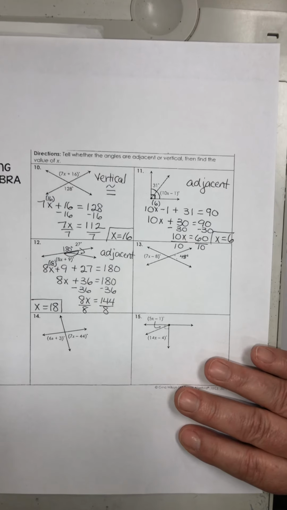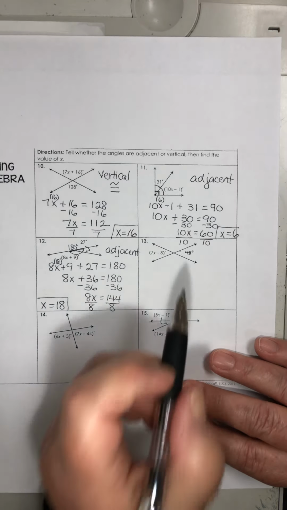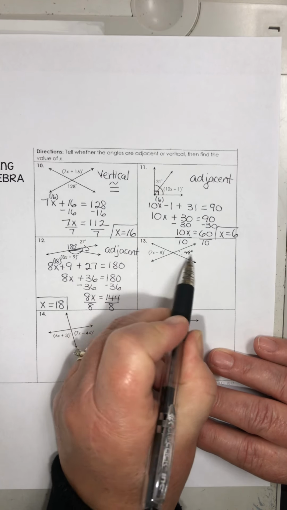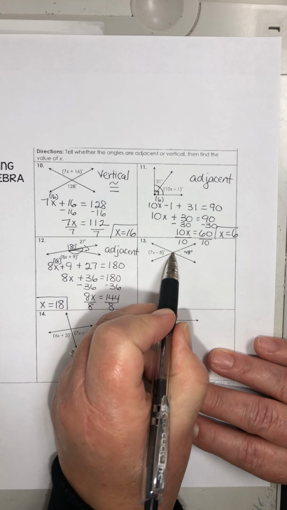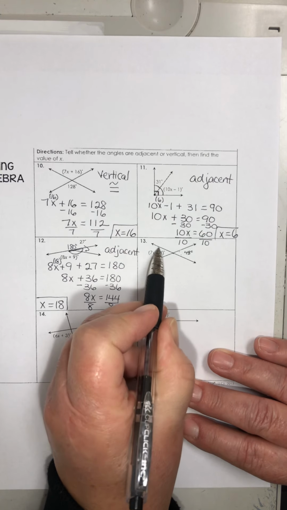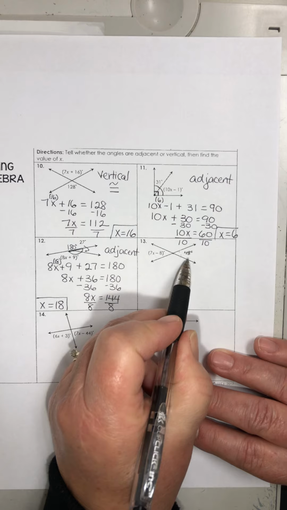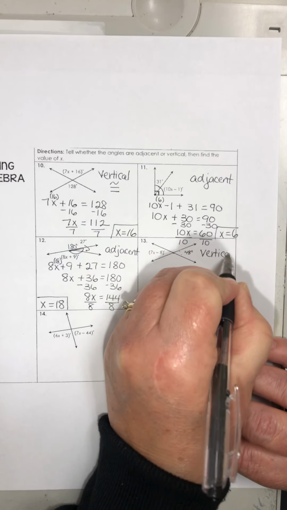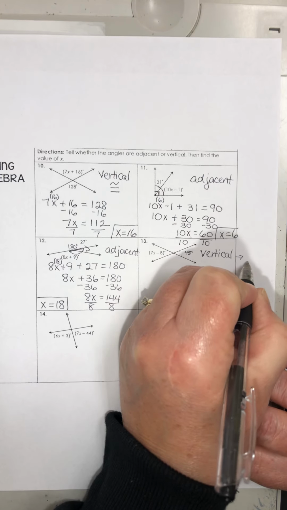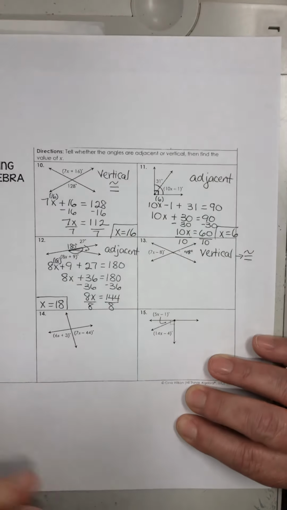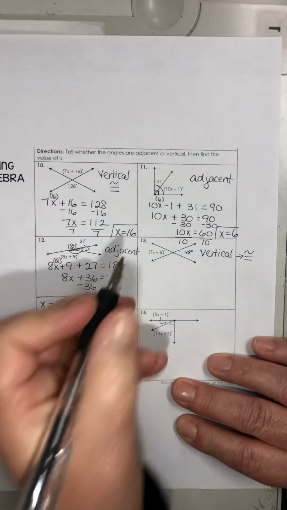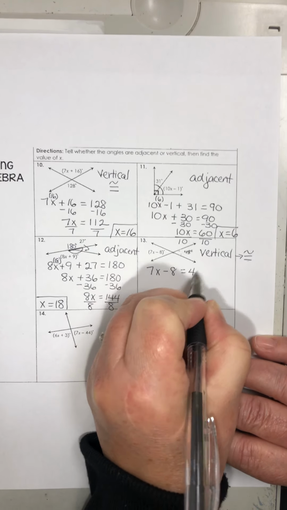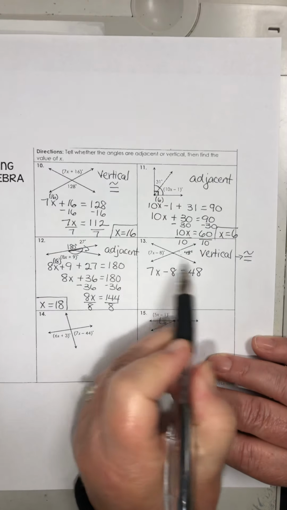Number 13. Number 13, if we look at the angles that are labeled here with numbers, they are not sharing a side, they're only sharing this vertex in the middle. So you can see that V and that V opposite of each other. These are vertical angles, and vertical angles are congruent. They're equal to each other. So I could say 7x minus 8 equals 48 because they're equal to each other.